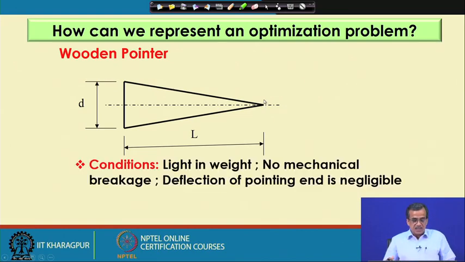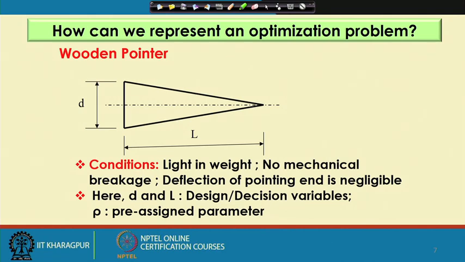Now, what we do is we try to find the optimal design based on the condition that it should be light in weight, so that we can handle it very easily, and at the same time there should not be any mechanical breakage, and the deflection of the pointing end should be as minimum as possible.